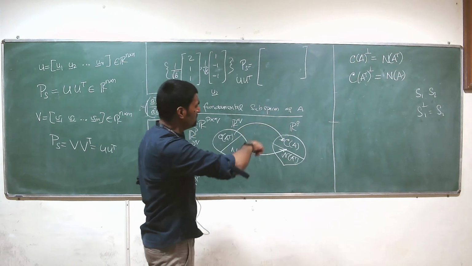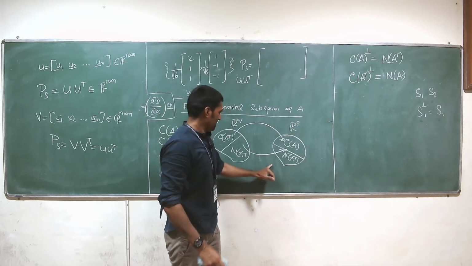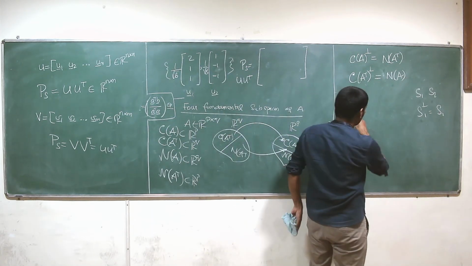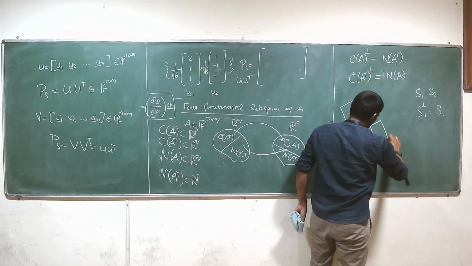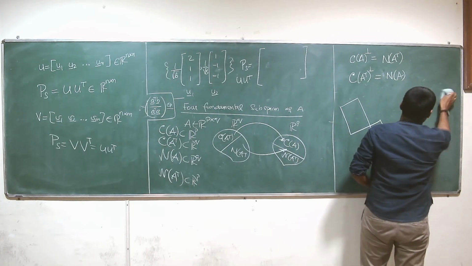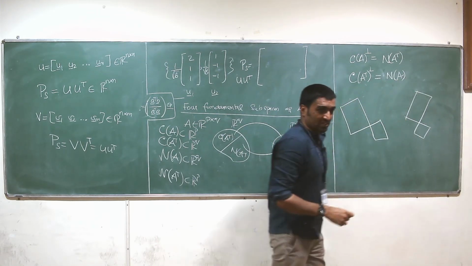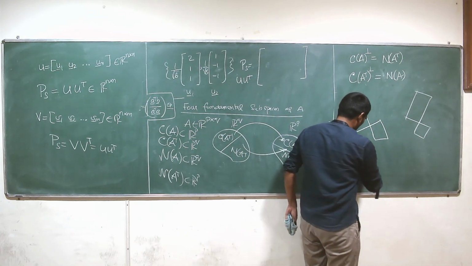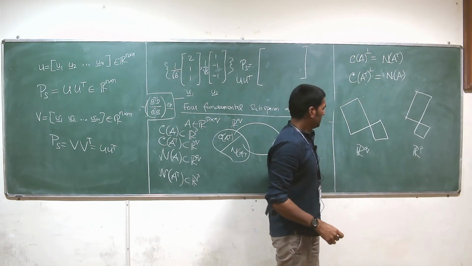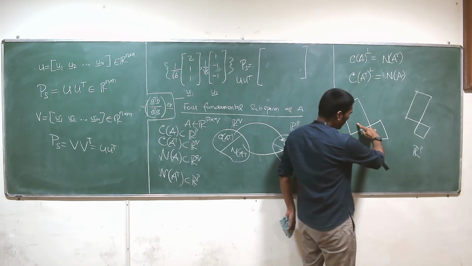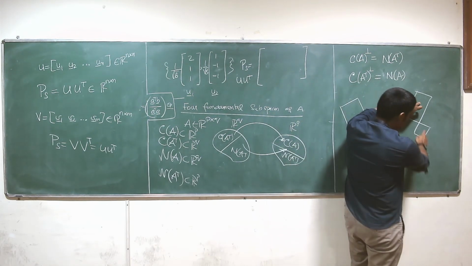Because that is true, one way to draw this picture, which is again in the notes and is from Gilbert Strang's lectures, is his popular picture depicting the four subspaces. This is RQ, this is RP. This is the row space, this is the null space, this is the column space, this is the left null space.